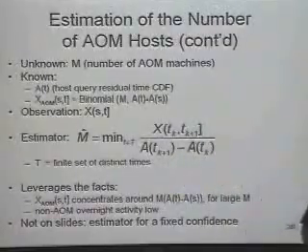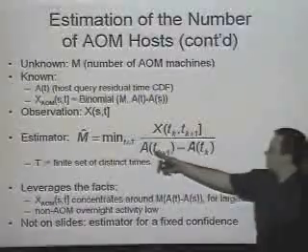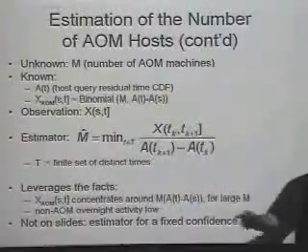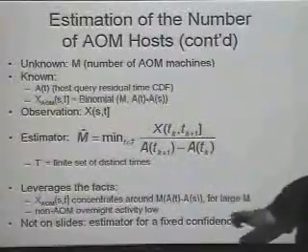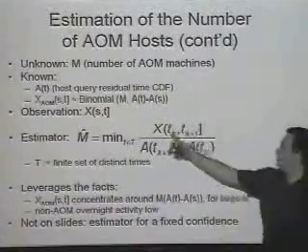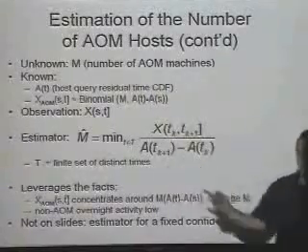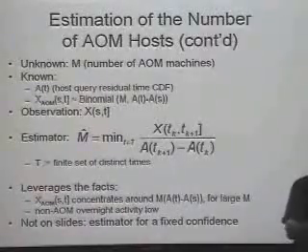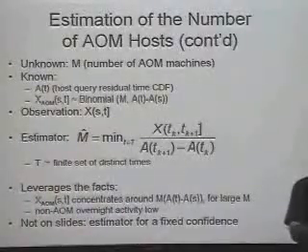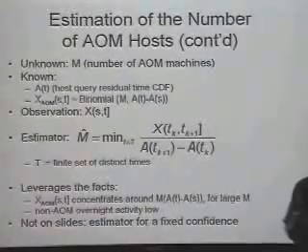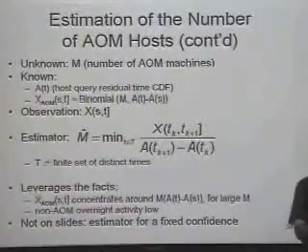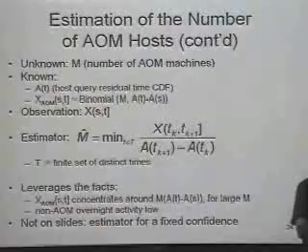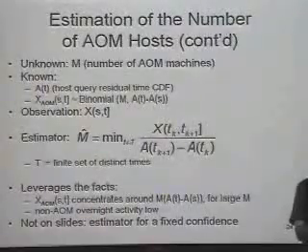What is very important to do is to rely on the fact that we observe these high and low activity periods. So you would like to apply this estimator only over time intervals over which the intensity of non-AOM machines is small. That would be overnight periods, when most of the queries would come from AOM machines.